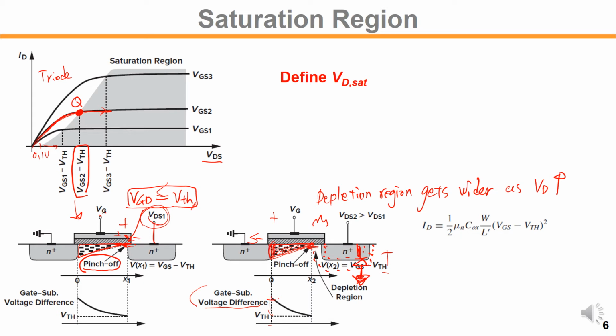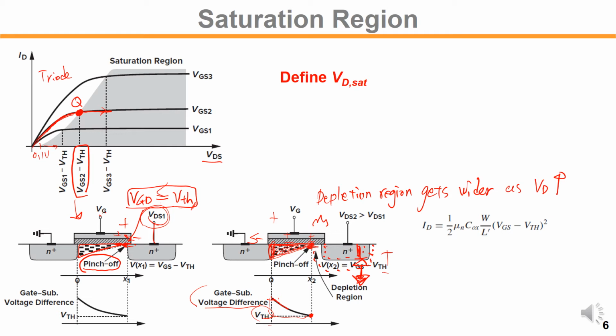As we move along the surface, the voltage goes up and up, so the voltage difference between gate and surface goes down. At the last point, where the channel inversion disappears, the pinch off point, the difference will be VTH.